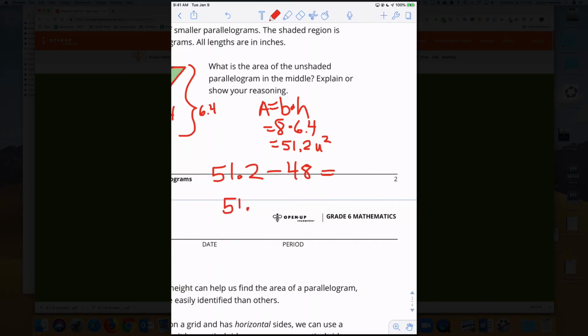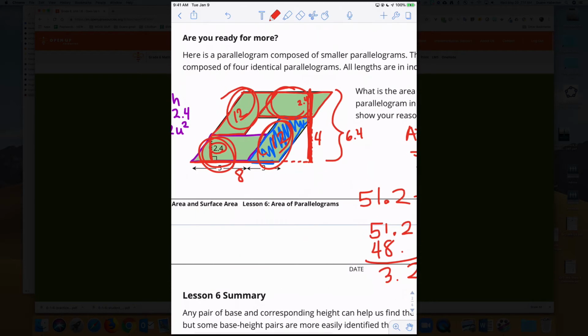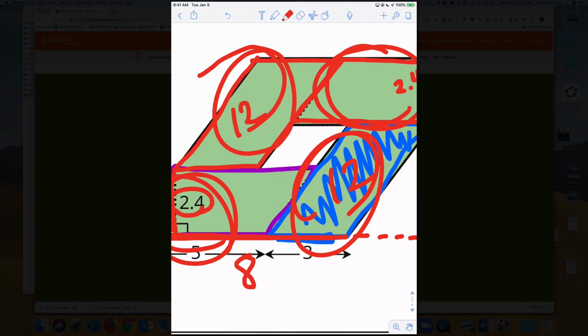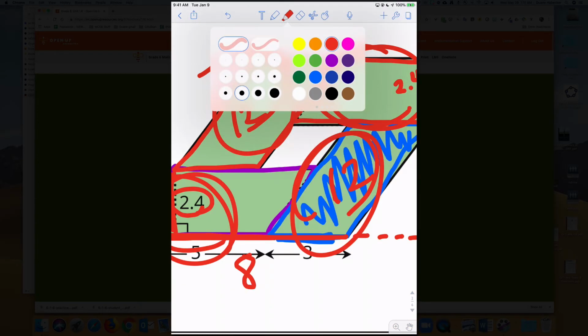51.2 minus 48. Oh man, 51.2 minus 48. 3.2. So we know that the area of this little parallelogram inside there, this little area right there. In fact, I shouldn't do green. Let's do a different color. Let's do orange.